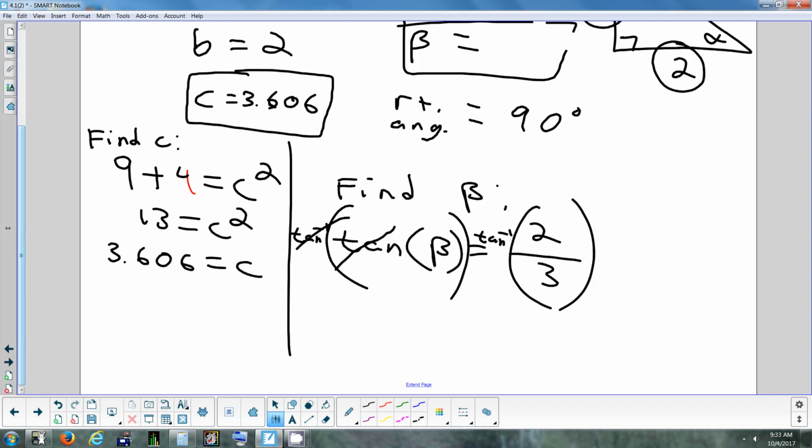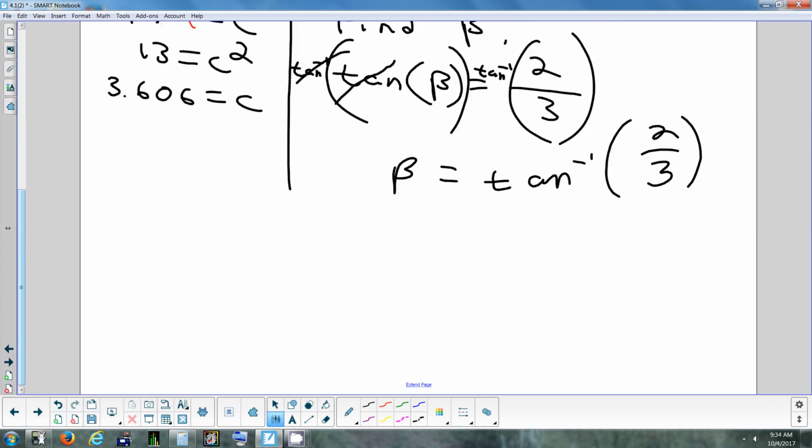So now the only thing that's left is beta equals the inverse tangent of 2/3. Does that mean multiply inverse tangent times 2/3? It means to take the inverse.